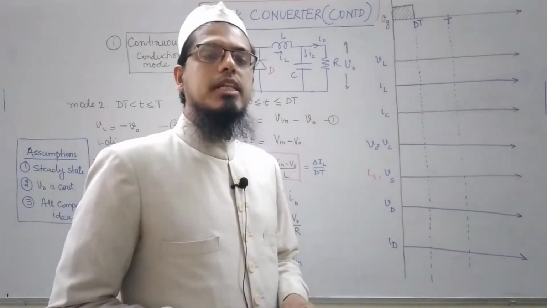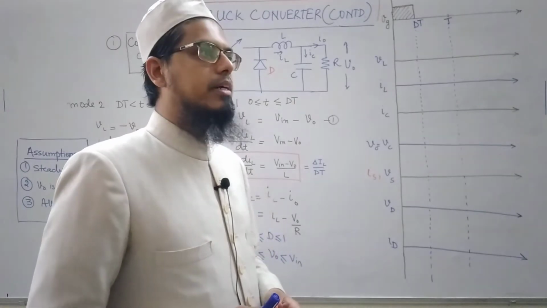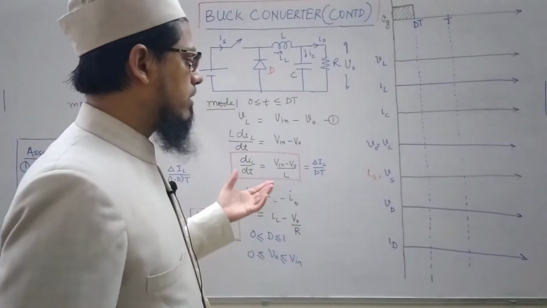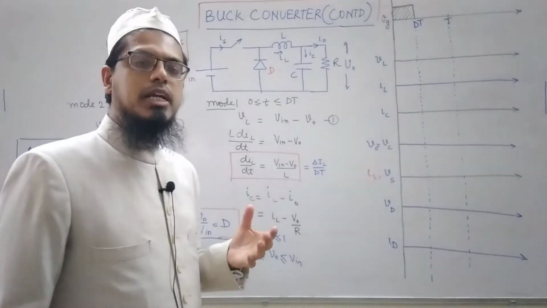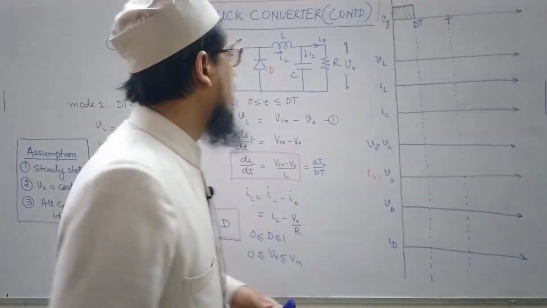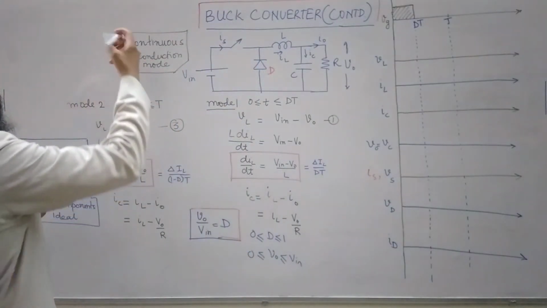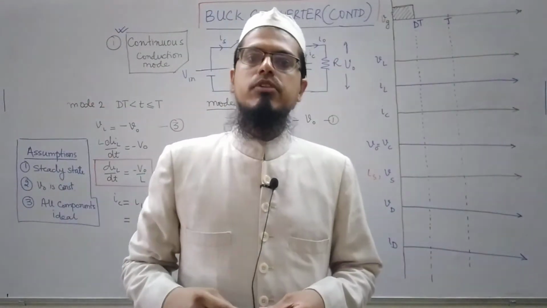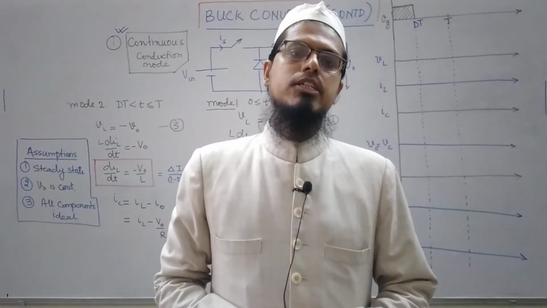And please remember that right now we are considering the continuous conduction mode. So I have written this equation keeping in mind that there is a continuous current flowing through the inductor. This is the case that we are assuming in this lecture. We will take up the discontinuous conduction case also in another lecture.